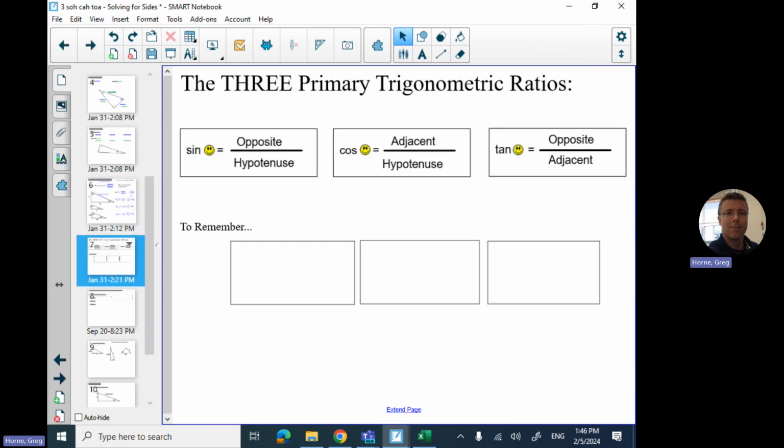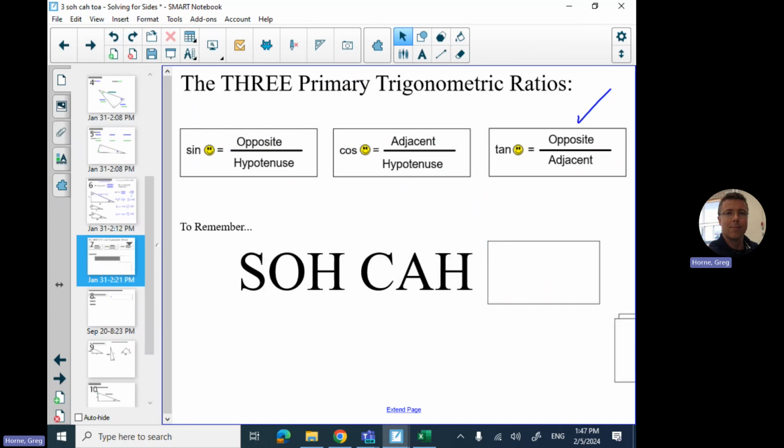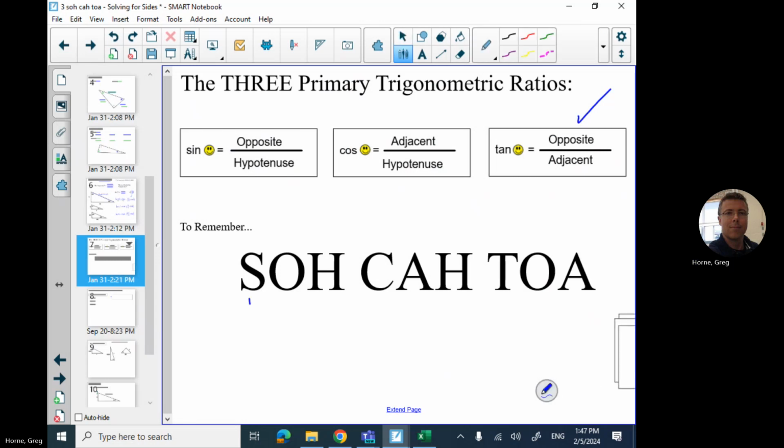Now we're going to show you the rest of the story. So the three primary trig ratios: the tan one we already just talked about, opposite over adjacent, check, rise over run, basically. We need to look at the opposite over hypotenuse for sine and adjacent over hypotenuse for cos. The way people like to remember that is to say SOHCAHTOA. So the sine ratio, we're looking at the opposite side over the hypotenuse.